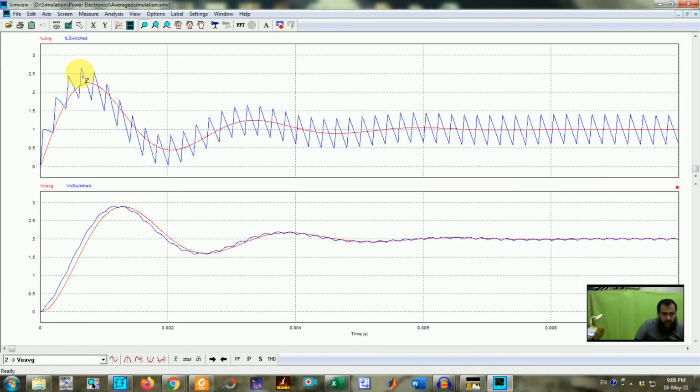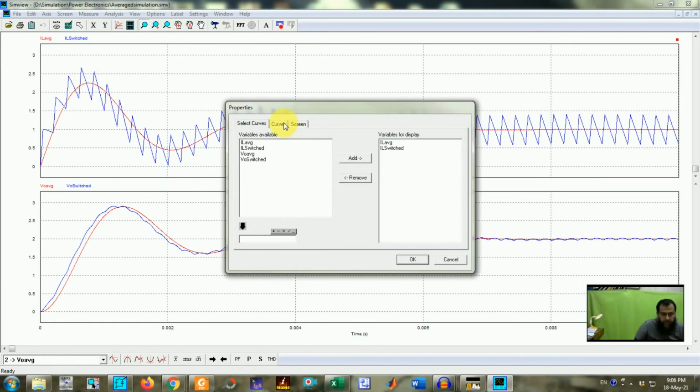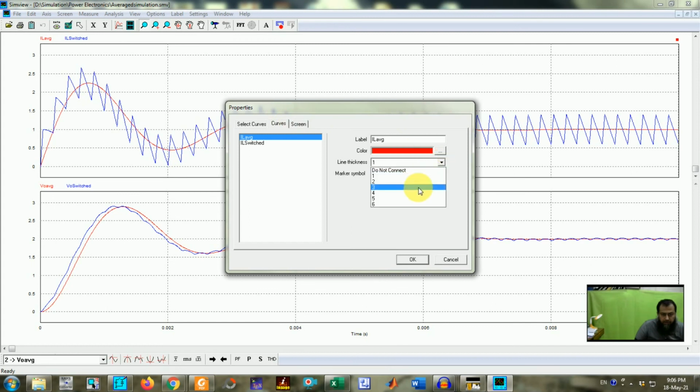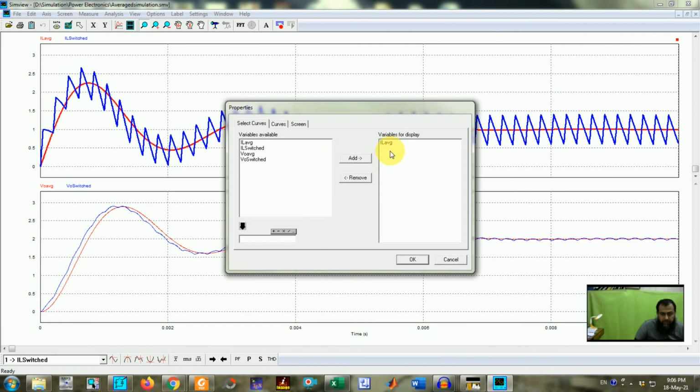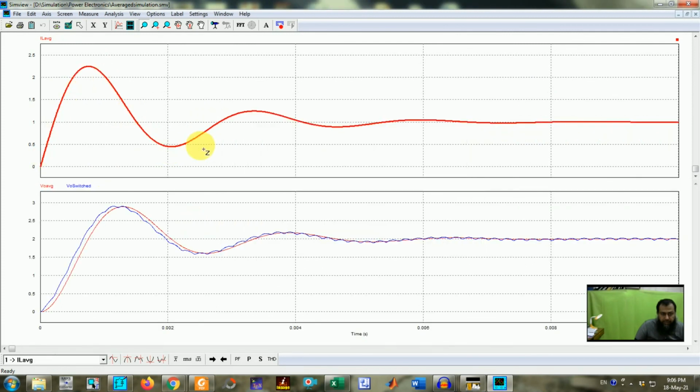Let me bold these a little bit so that it is more visible. So as you can see here, this red waveform, which is the average waveform, gives us the average value of the switch waveform, yet it contains the information about the transients as well as the steady state part.